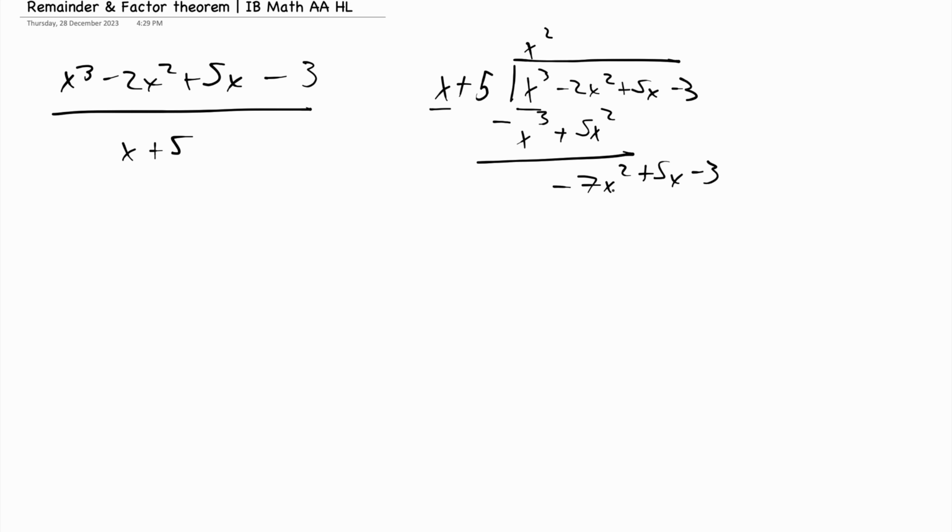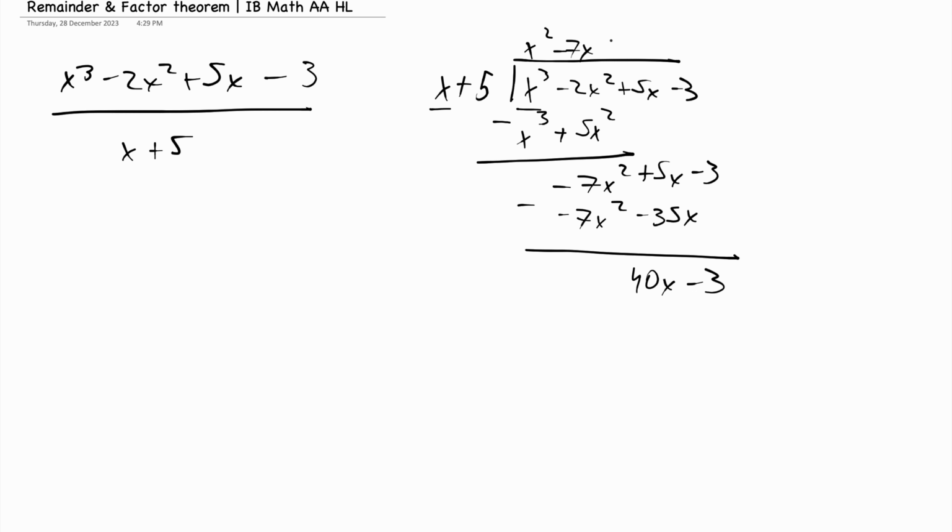Okay, so I'm just going to go through this real quick because this is not our main concept. Negative 7x squared over x would be negative 7x. Multiply that: negative 7x squared minus 35x, okay, subtract that. Then we have 5x minus 35, which is 40x minus 3.